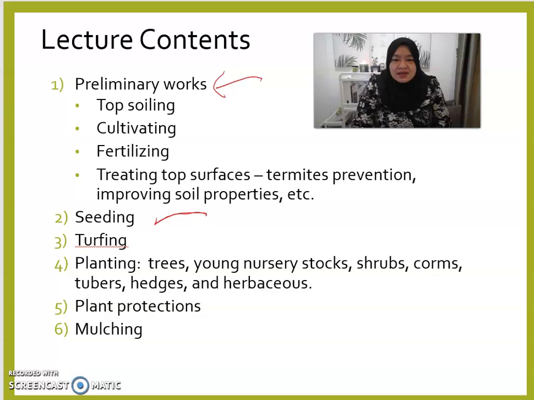And the second one, seeding, turfing, spot turfing, close turfing, and planting the trees, the shrubs, culms, tubers, hedges, herbaceous plant, and looking at plant protections, and lastly is the mulching.